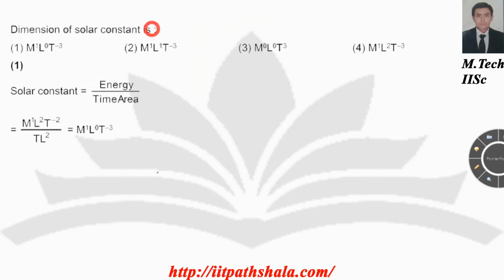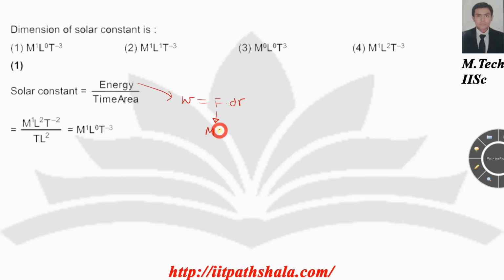So let us start. In the first question, he is asking you about the dimension of solar constant. Those who don't know the dimension of solar constant, please remember that solar constant is the ratio of energy upon the time and the area. The dimension of energy is the same as work, and work is force into displacement.